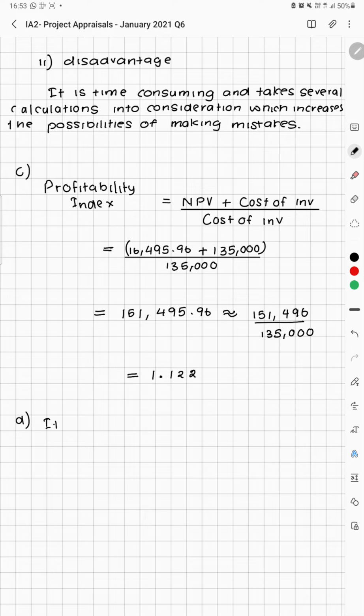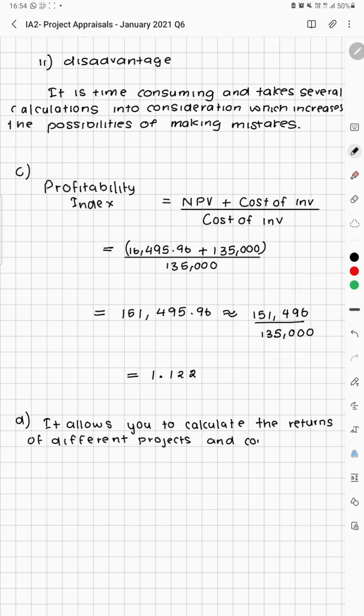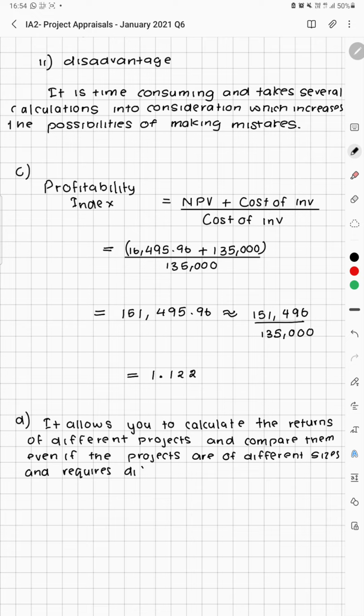One advantage is it allows you to calculate the returns of different projects and compare them even if the projects are of different sizes and require different initial investments.